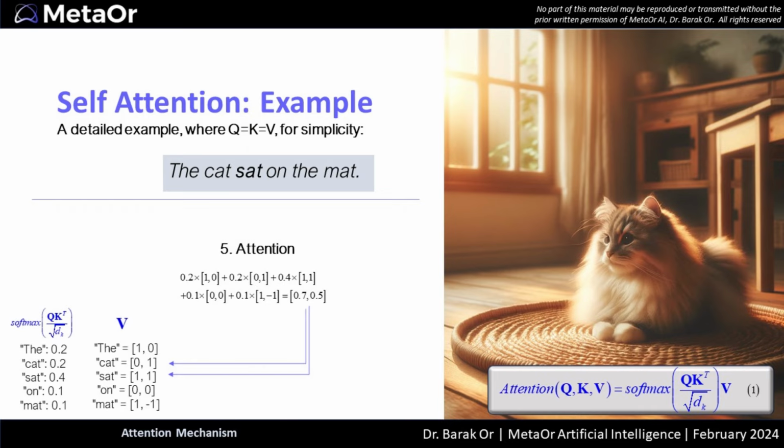Finally, the last operation is computed as a weighted sum of the value vectors, V, where the weights are the attention scores from the Softmax step. The final output vector for "sat" is [0.7, 0.5]. This vector is a weighted representation of the word "sat" in the context of the sentence, focusing more on itself and the word "cat."